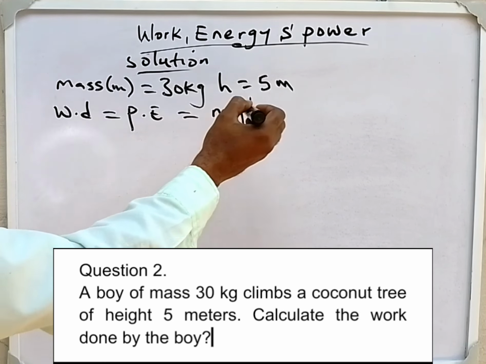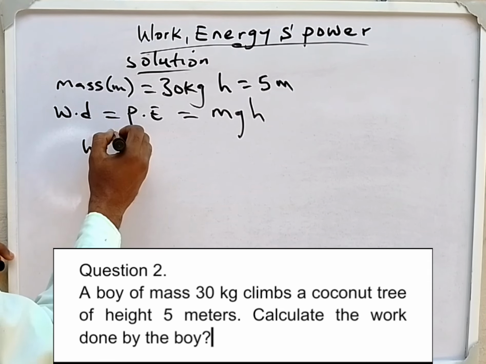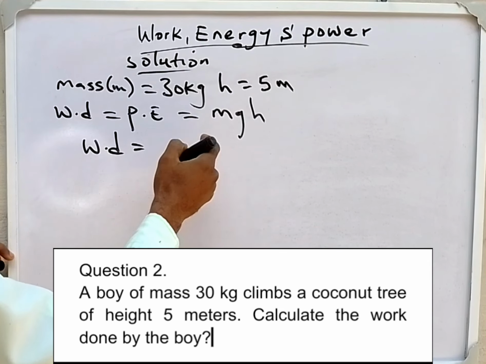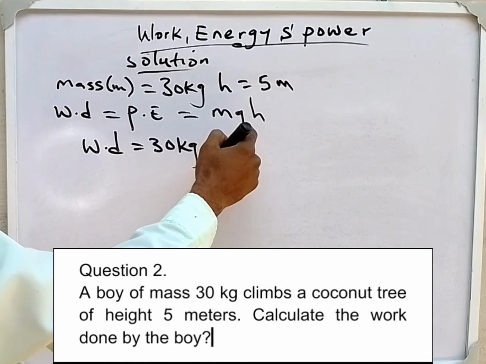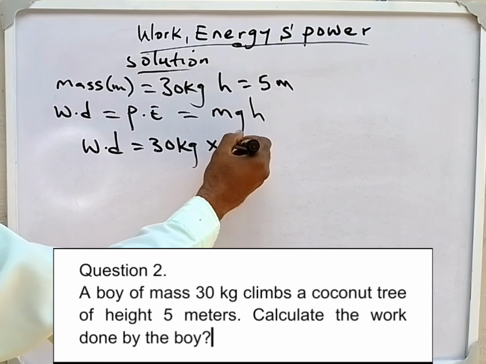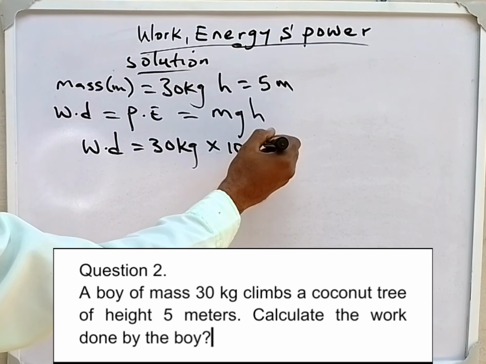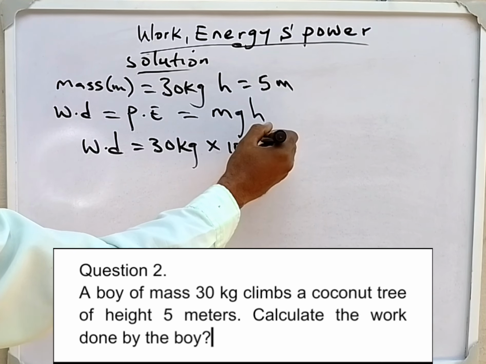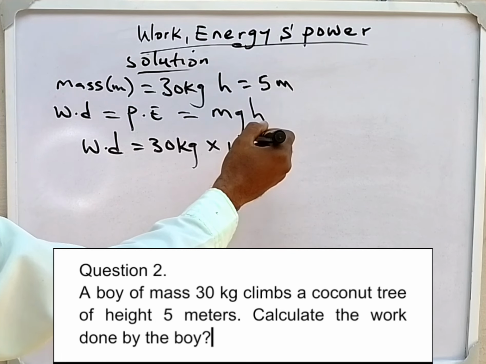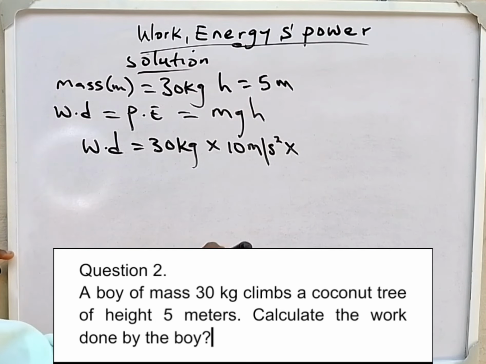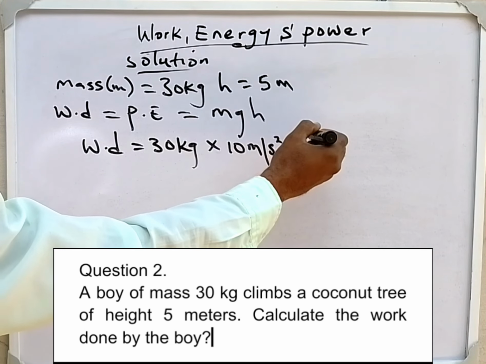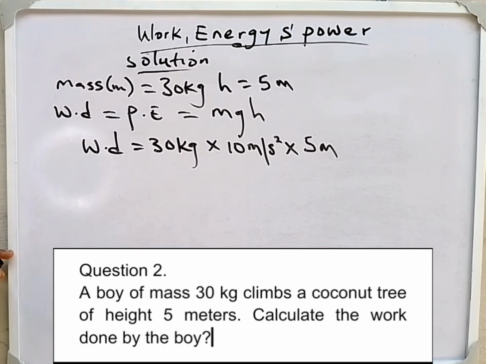So, we can now say that the work done is equal to mgh, mass 30 kilogram. G, remember, is usually 10, except in a case where it is given to you, 10 meter per second square, multiplied by height. Height is given, 5 meters.